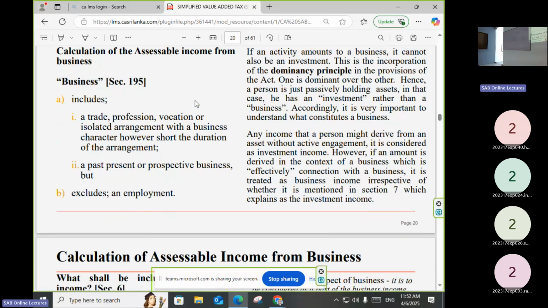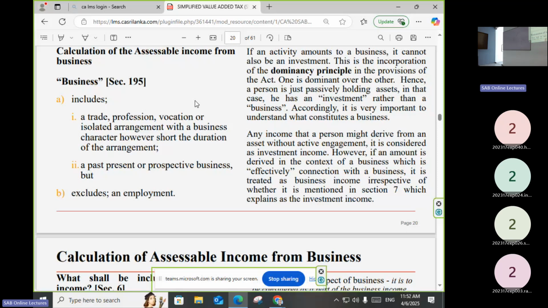What is the meaning of business in the interpretation? You can see: a trade, profession, vocation or isolated arrangement with a business character, however short the duration of the arrangement. So tax law doesn't worry about the period. Even a short period, or one transaction.